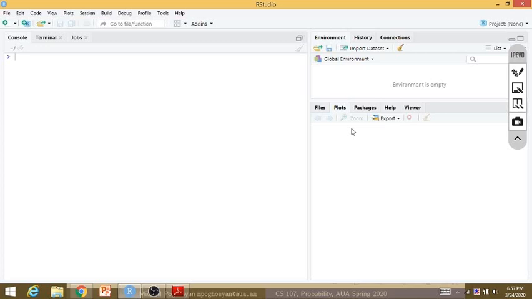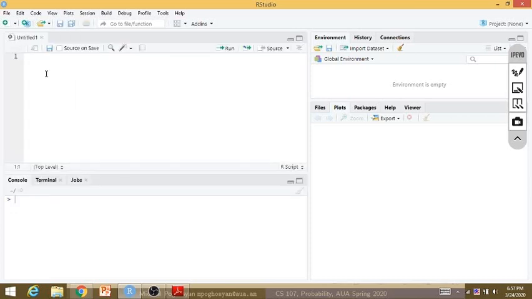This is our R. I'm opening a new R script to write everything here, and then run, and then maybe save that file. The values of our x: I write x is equal to, and here I'm writing a vector.